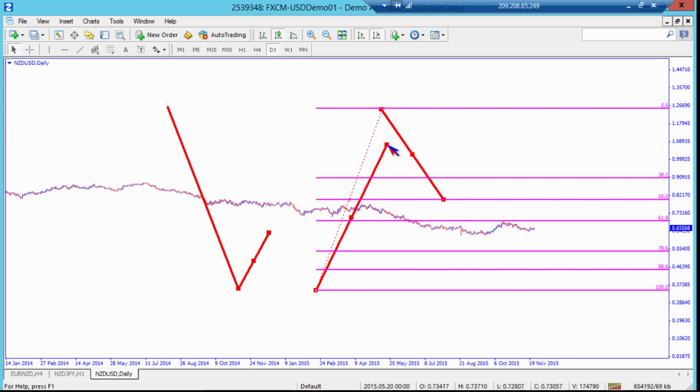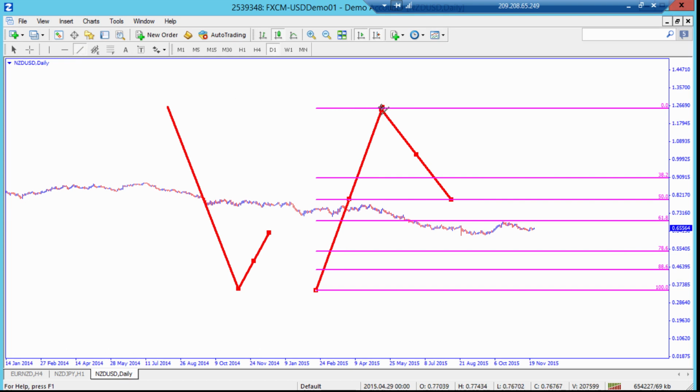I use the word alright a lot, so don't worry about it. Market goes up, very strong trend. So anything between a 38 and a 50% is considered a strong trend.